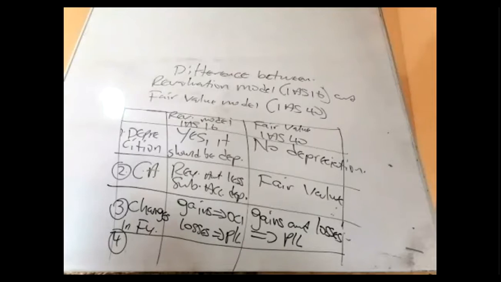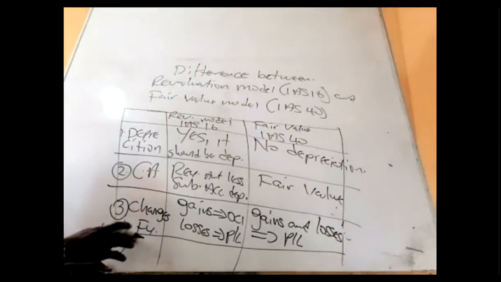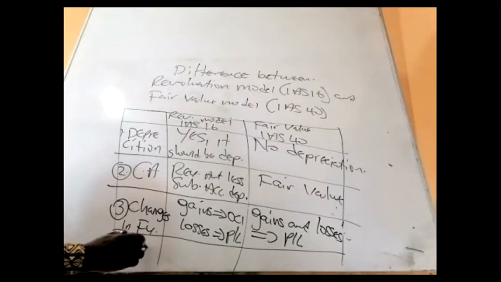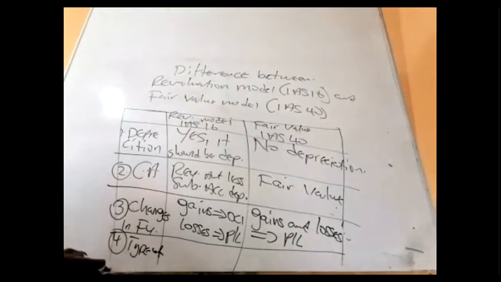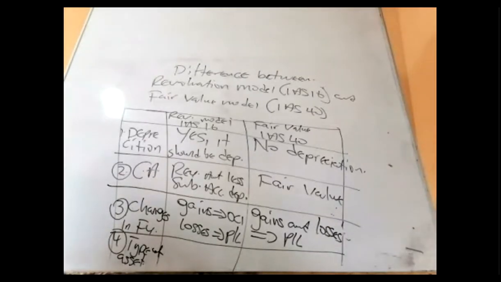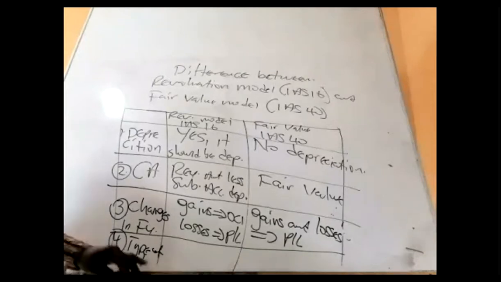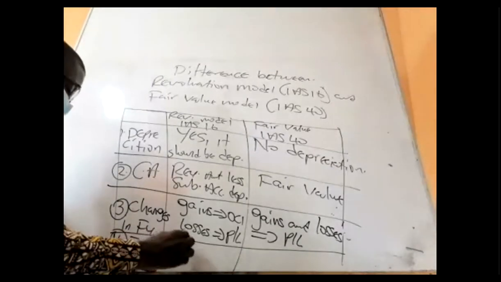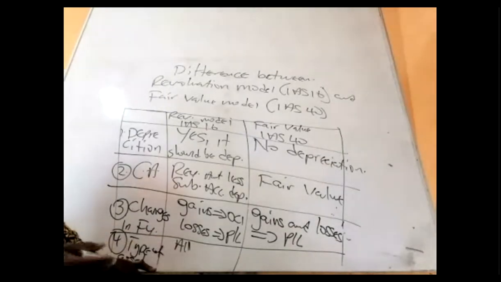The next one that I'll talk about is the type of asset. Does it qualify for all assets? In fact, the revaluation model can be applied to all assets, right? All PPE.